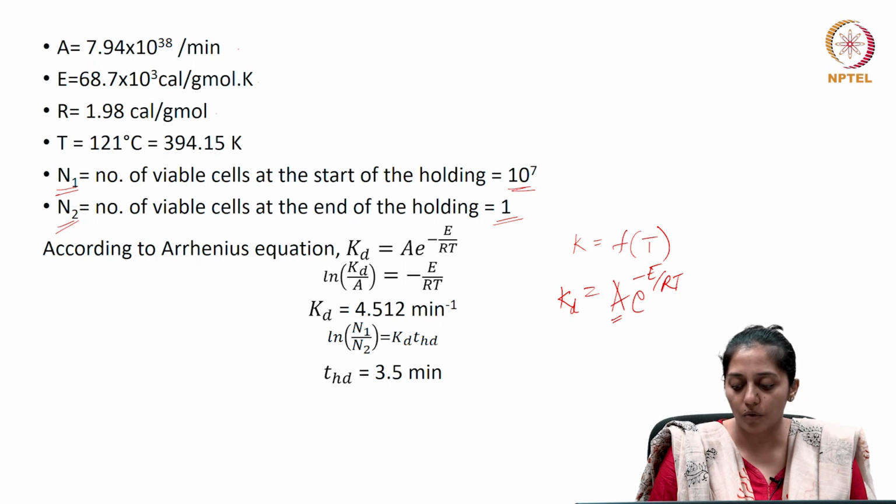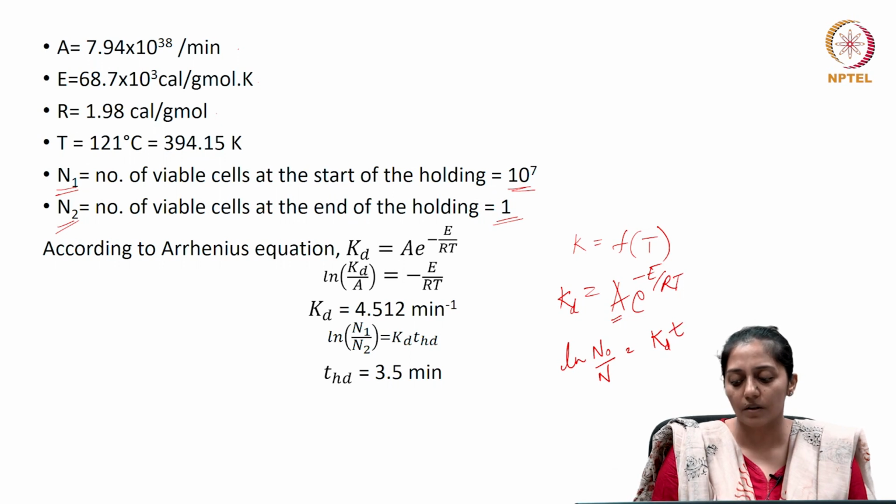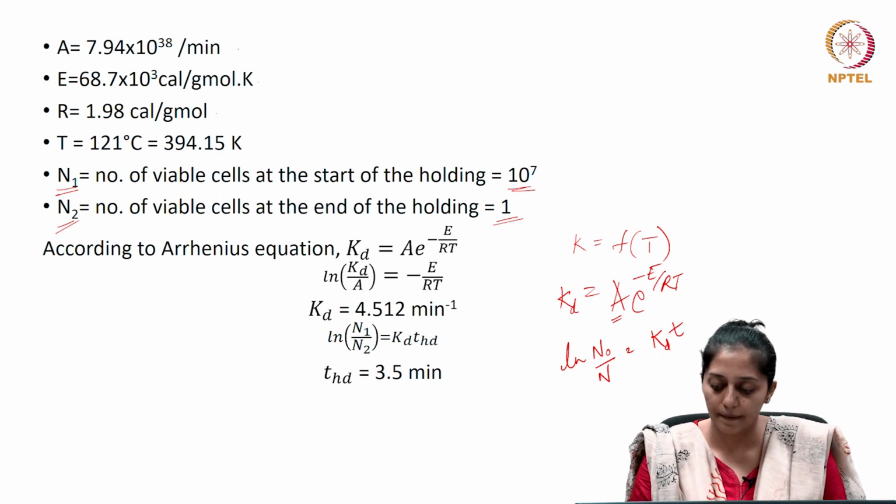Assuming that the thermal death kinetics follows first order kinetics, then ln N0 by N will be equal to Kd t, where t is the sterilization time. The minus sign has gone, therefore the N0 came up.